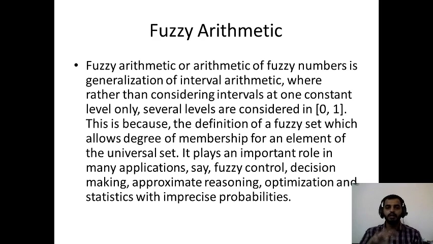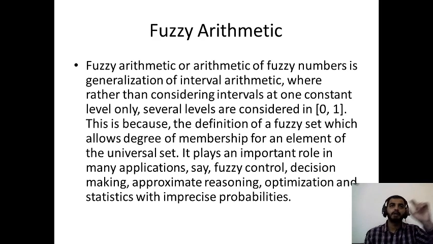Now what actually the statement is saying is that with reference to fuzzy arithmetic, the value will range between 0 and 1. The value will not be either 0 or 1 only; it will range between 0 and 1.